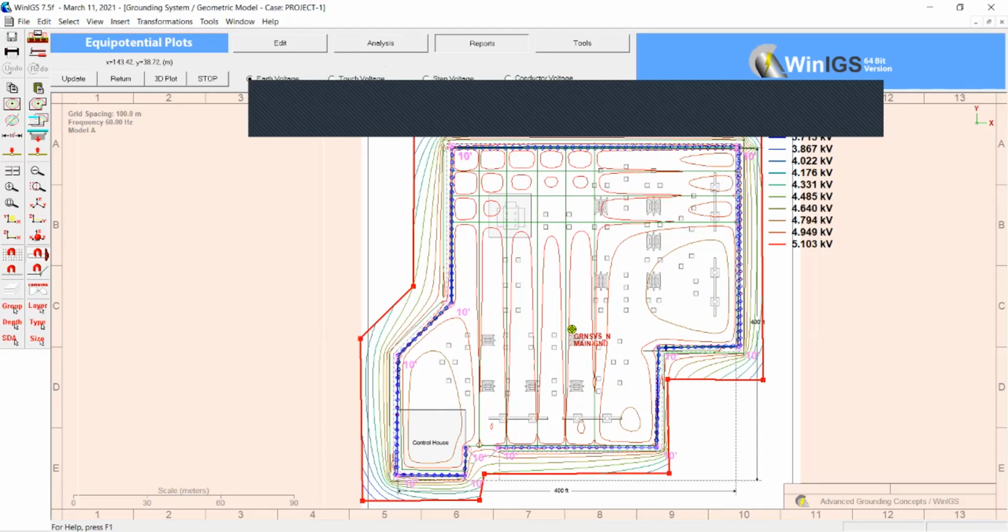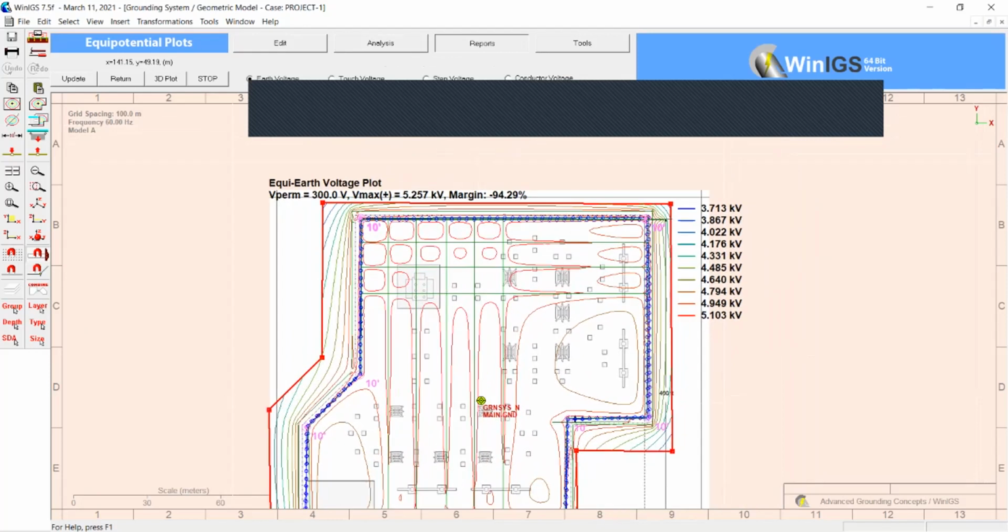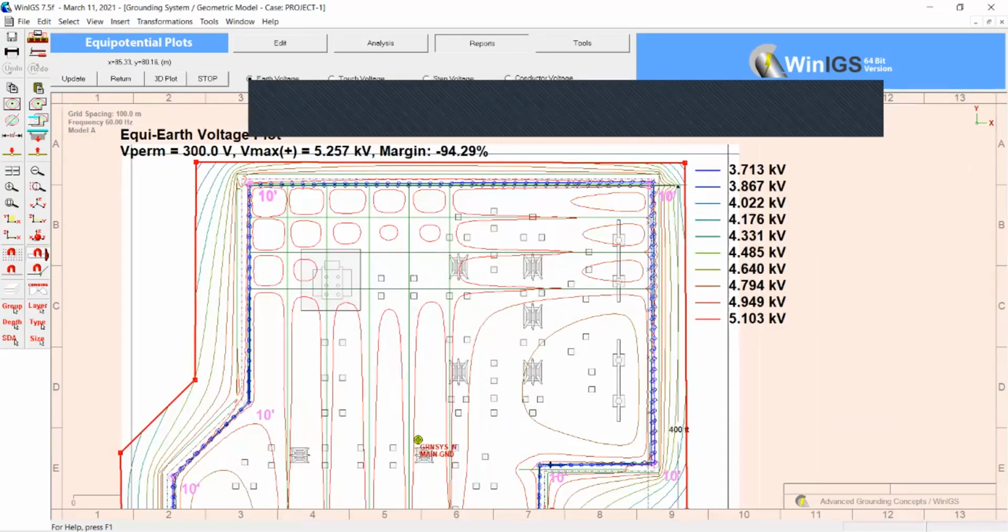Now, according to my model, see from here, the earth voltage profile. This is the earth voltage according to the color. The line with this color, the equipotential line, will have 3.7 kV, and this red color will have around 5 kV, and the red line is this one.